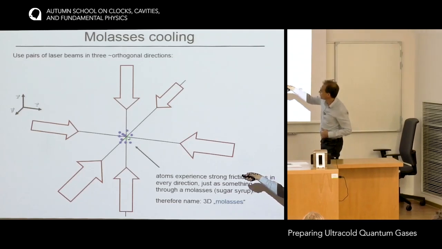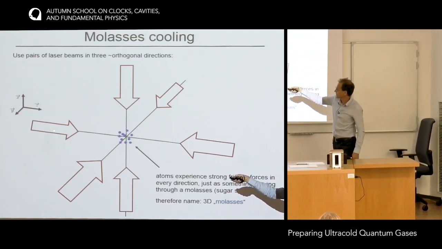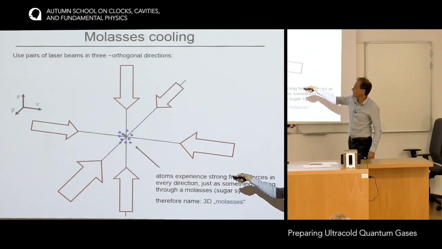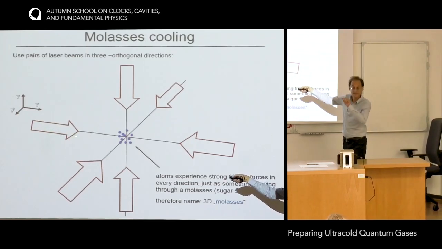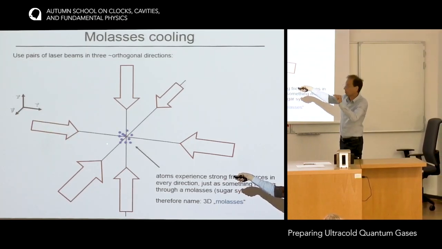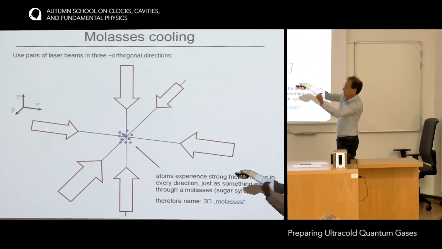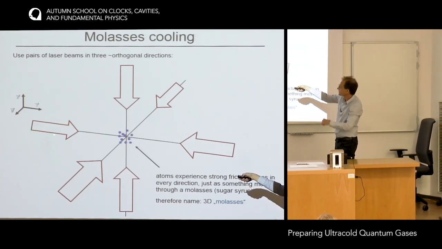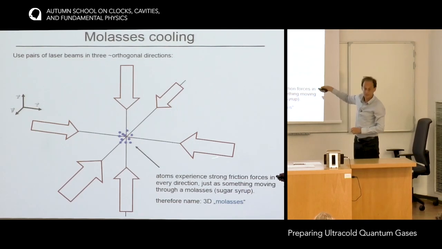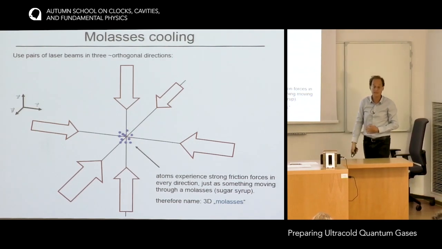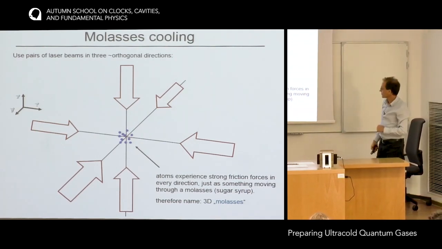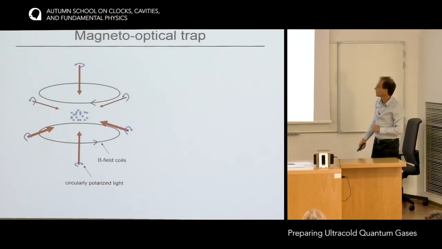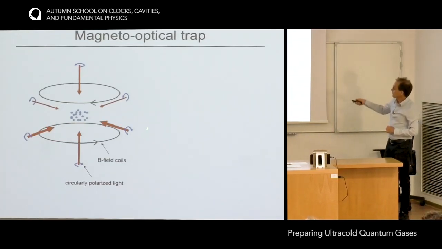So if an atom is moving against one of these laser beams, it will see this laser beam at a higher frequency, so now on resonance, and absorb photons from this laser beam and be slowed down. And that happens in which direction the atoms move, and we can cool down to this Doppler temperature, which was described before.